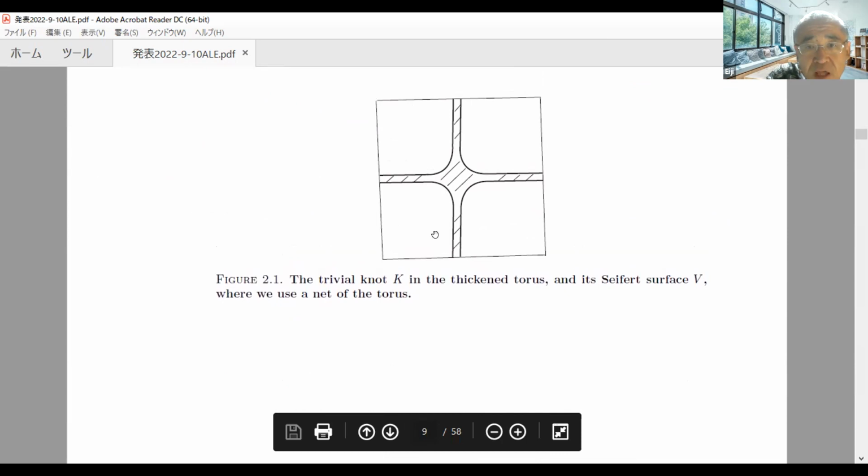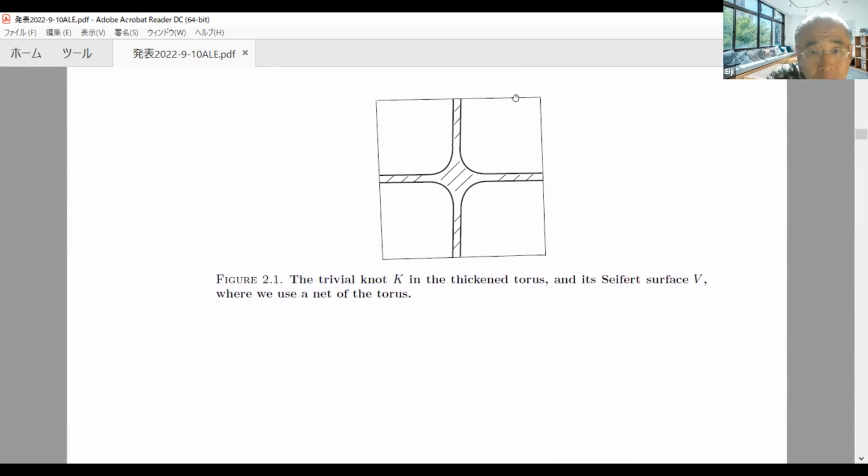This is a torus, and consider the thickened torus. And this is a trivial knot, and one of its Seifert surfaces.